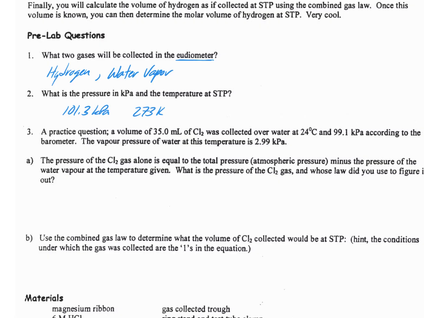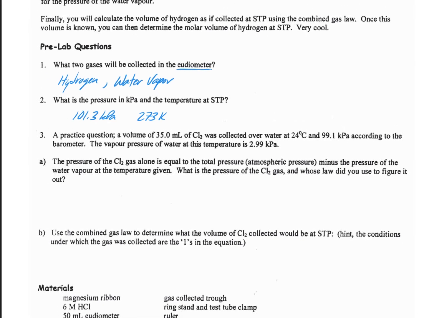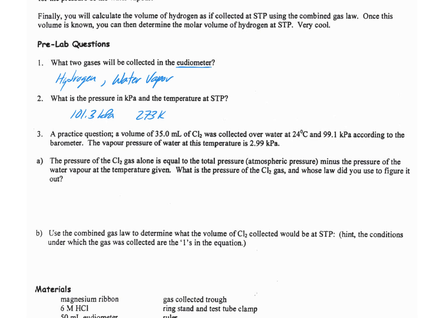This next question is a practice question that has a lot to do with what's done in this lab. In fact, if we work through this practice question, you should be able to do the calculations later using the data that we got from the video.